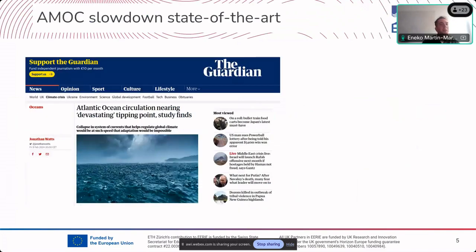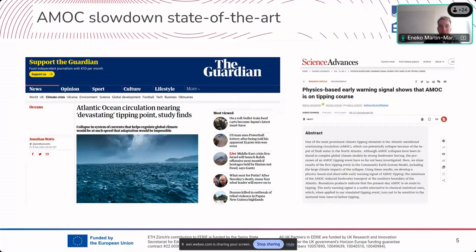So I wanted to start with this news that probably most of you have seen, and maybe before that the actual paper it refers to. This Atlantic Ocean circulation tipping point paper is about the meridional overturning circulation tipping point. There is this open question nowadays in science about whether the AMOC will stop or not.